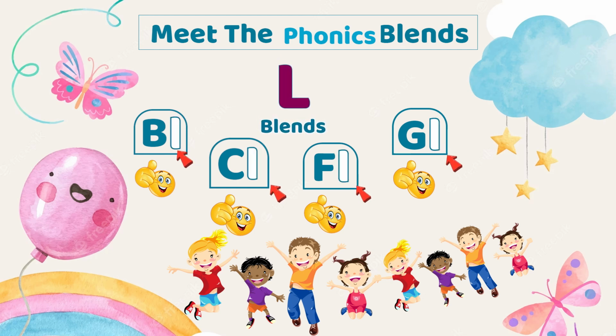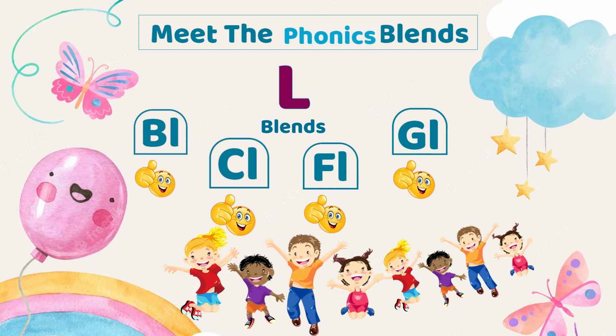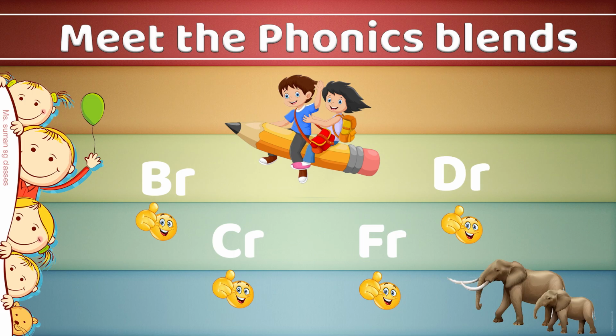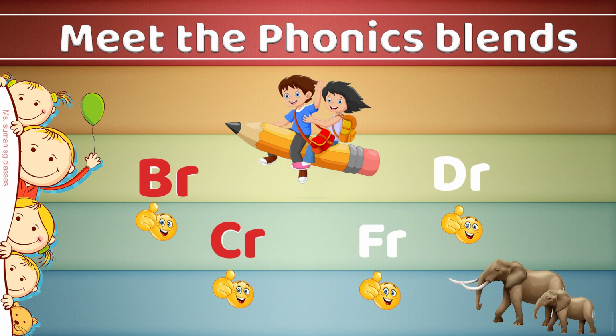This is the second video where we're going to talk about the blends of R. So all these words will have R sound at the end: B, R, K, R, F, R, D, R. We need to learn how to work with blends, because if we can work with blends, reading becomes super easy. So today we will learn how to join the sounds of these blends. Are you ready? Let's get started.